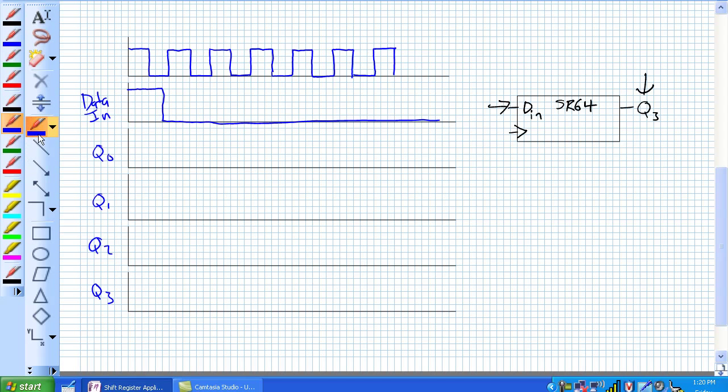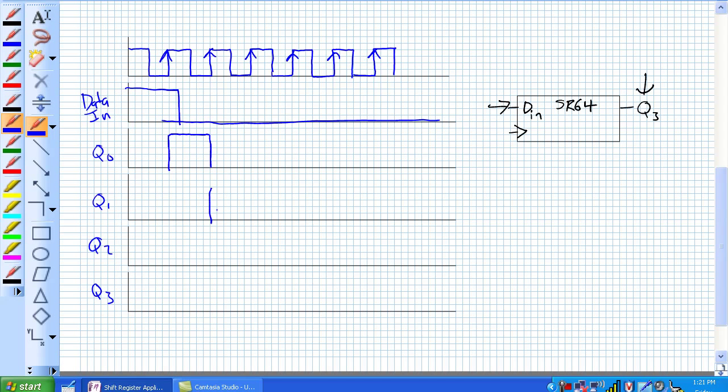Basically what's going to happen is, at positive edge 1, that data is shifted into the Q0 position.